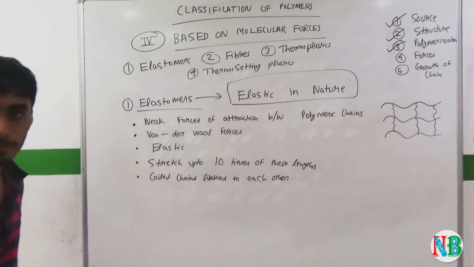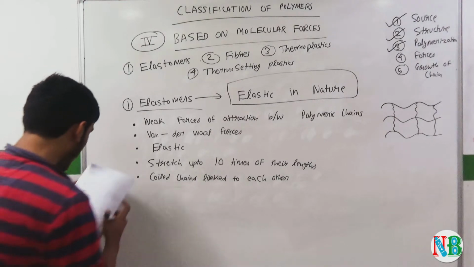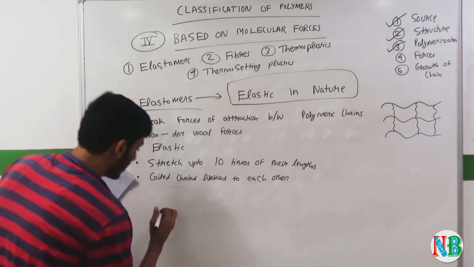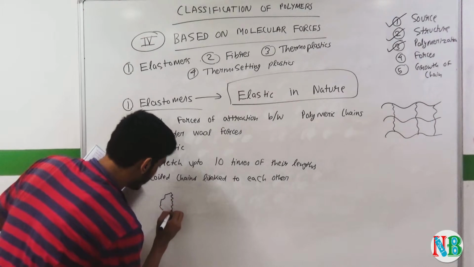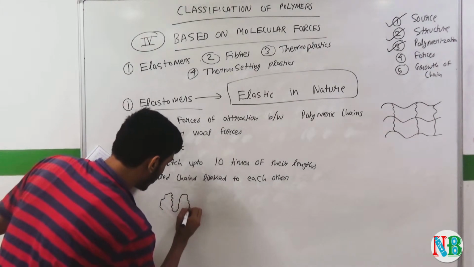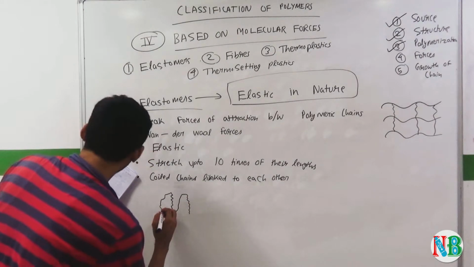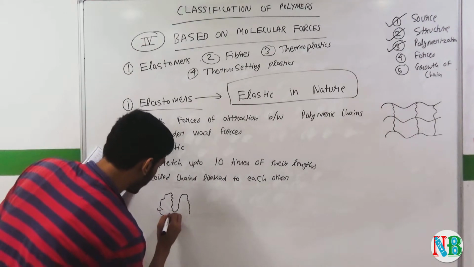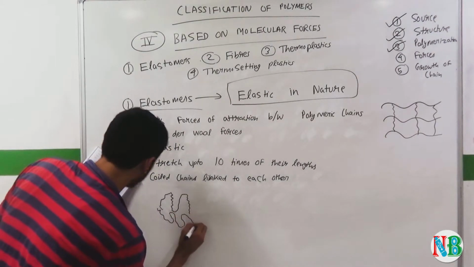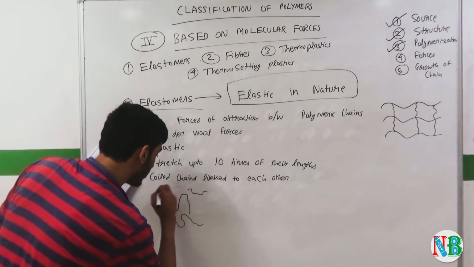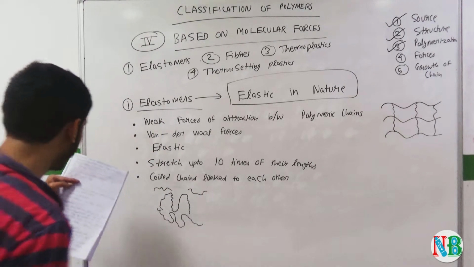If I draw them, they have a chain like this, then one more bend or a coil, one more coil like this, one more coil like this, one more like this, one more like this, and these are linked.